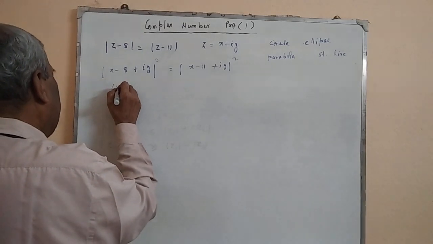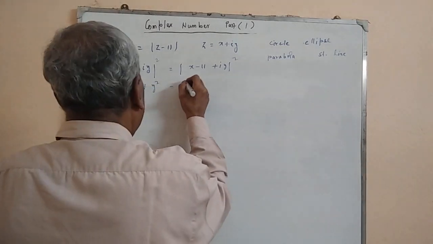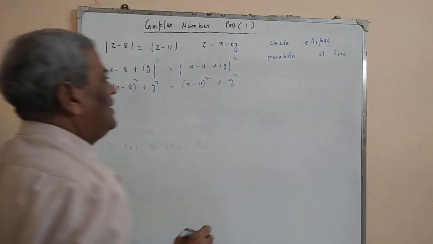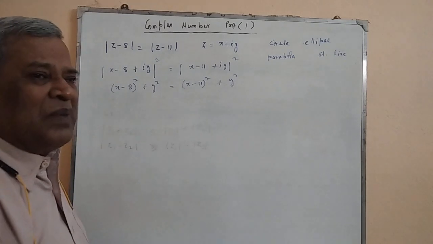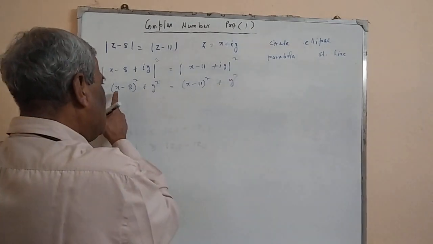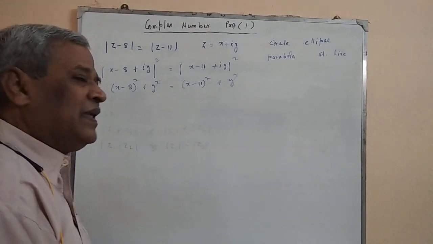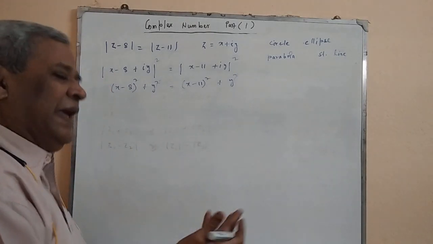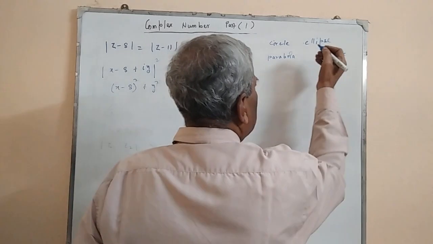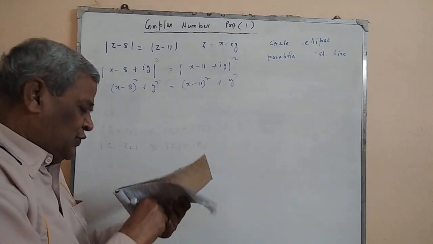It is x minus 8 whole square plus y square is equal to x minus 11 whole square plus y square. No need of simplification after that, because you see y square cancels and x square will be cancelled from both sides. So after simplification, it will be a linear relation between x and constant terms. So it must be a straight line. So the straight line is the answer. You can simplify further in one or two steps.